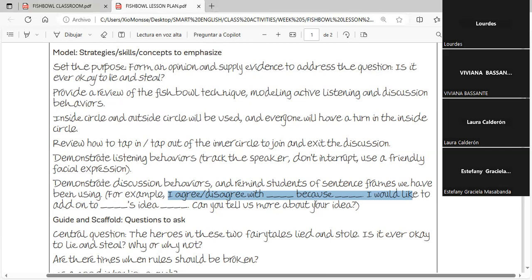I would like to add on to, or you can make a list. Another idea could be that if it is advanced, you can give them a list of certain vocabulary or phrases that they can use in order to debate, in order to give an opinion.